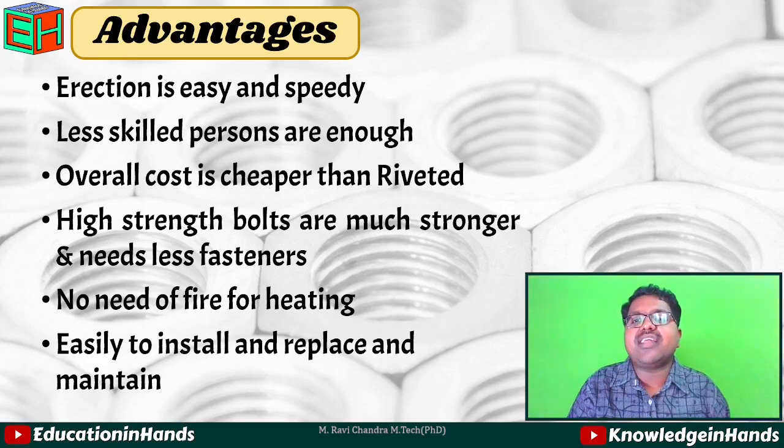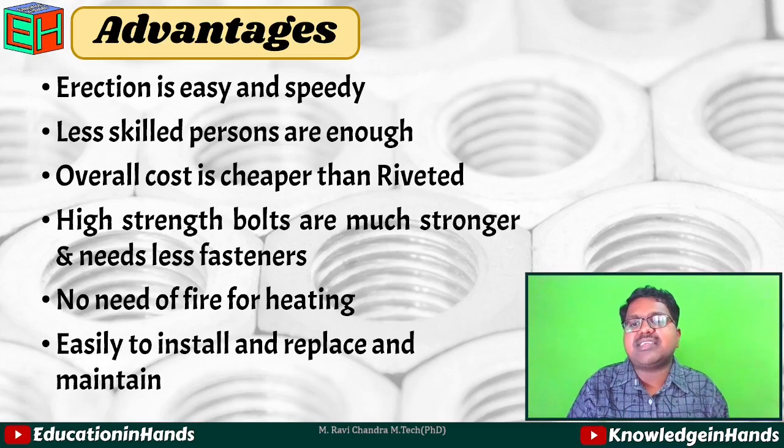Then high strength bolts are much stronger and need less fasteners. As we discussed, high strength bolts are having good strength than normal bolts. That's why they require only few bolts for the connection. No need of fire for heating. In case of riveting, we use heating, but here there is no need of fire.